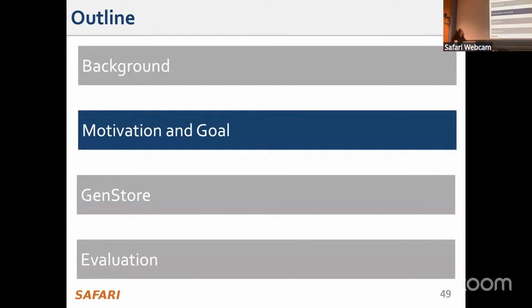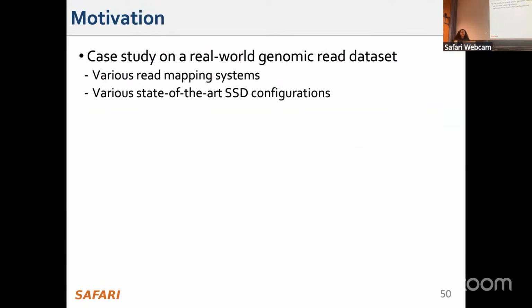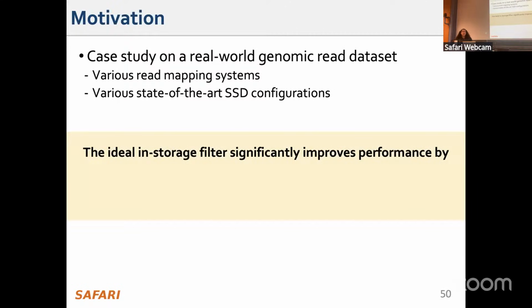Good. So now let's go to some high-level motivation. I already talked about the motivation behind many of these works, but basically, in the case study that we did on real-world genomic read sets, various read mapping systems and various state-of-the-art SSD configurations, we realized that designing an in-storage filter, basically a filter that can prune the reads that do not require expensive approximate string matching operations inside the SSD, can help us reduce the computation overhead, because we will not need to bring the whole reads to the computation units anyway.